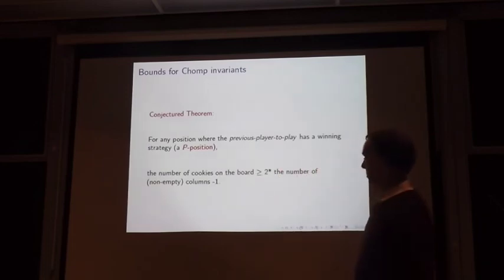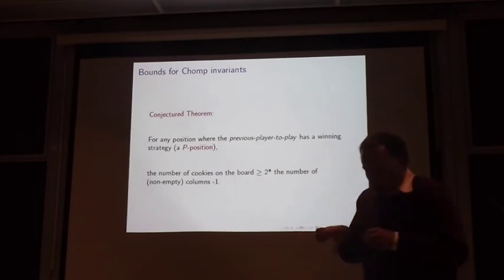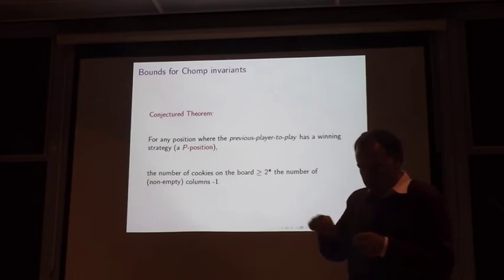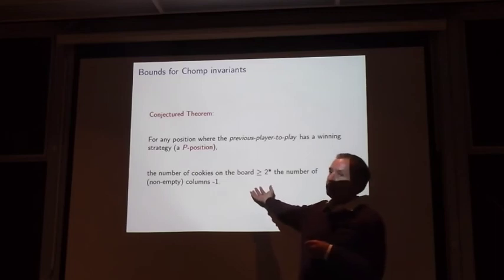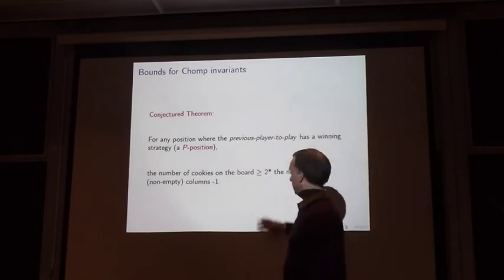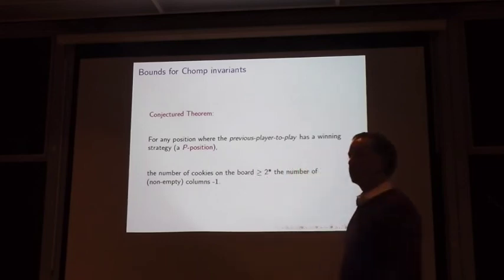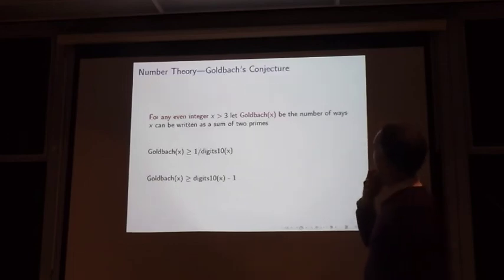So this actually has some discriminatory power. So if I'm looking at my possible moves, if I see some possible move that's going to give me a position that doesn't satisfy this conjecture, I shouldn't make that move. And that would be that the P positions all satisfy this inequality. We proved it.